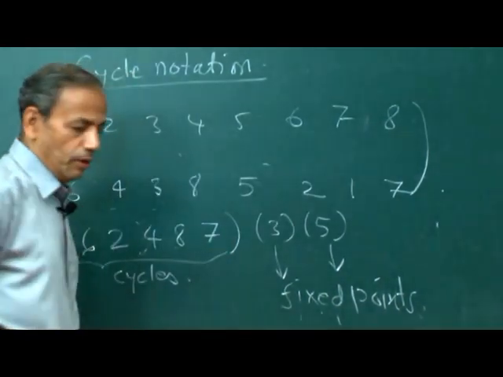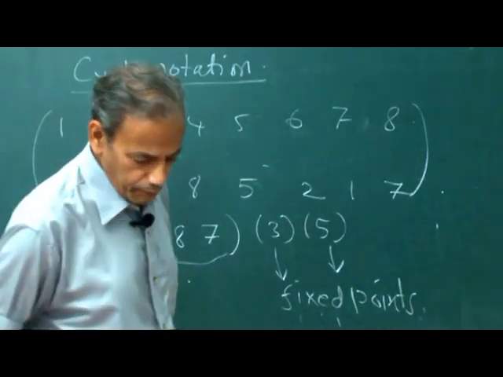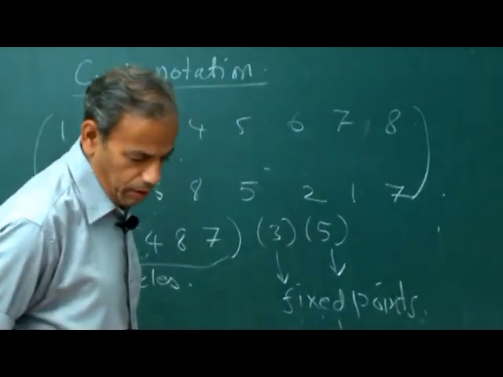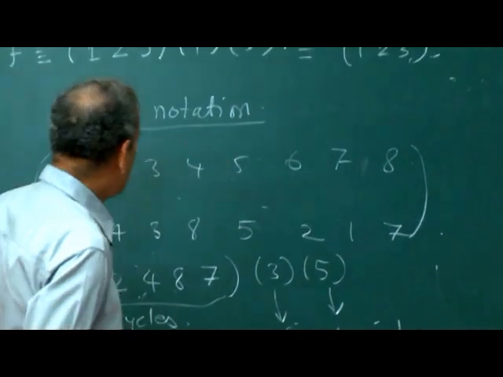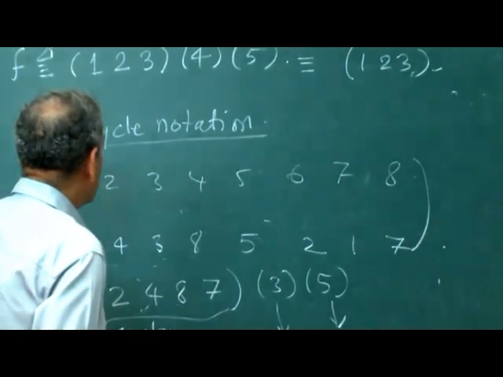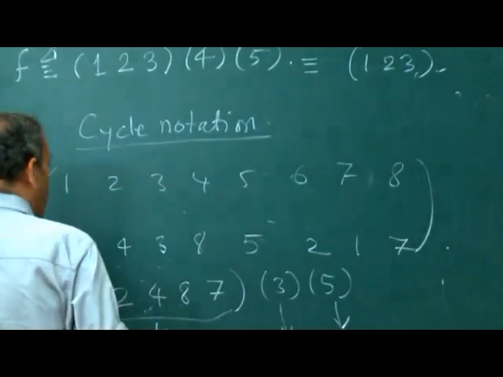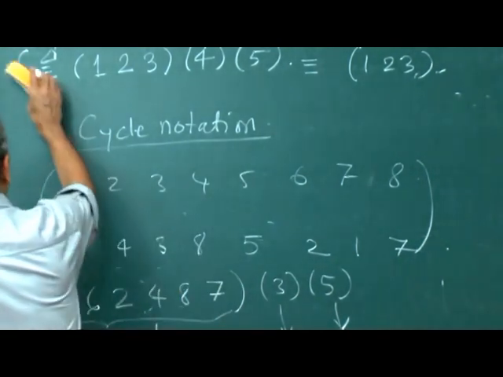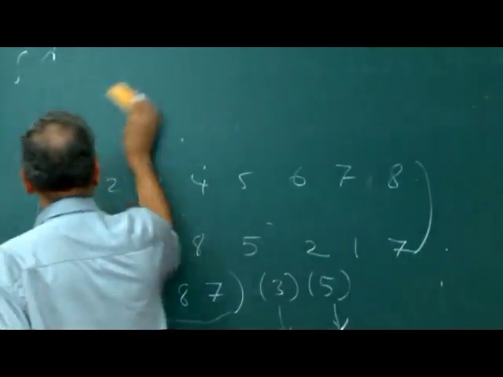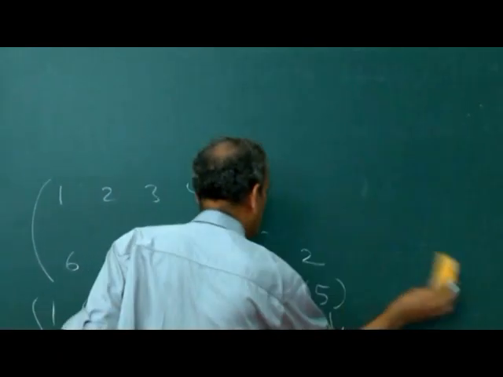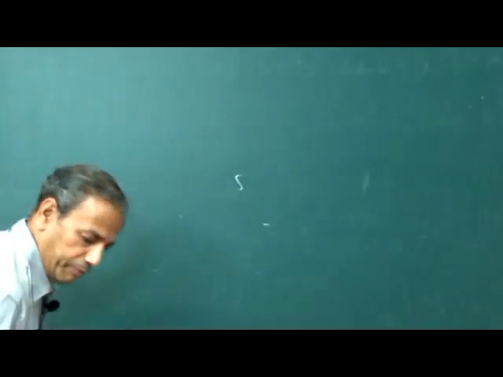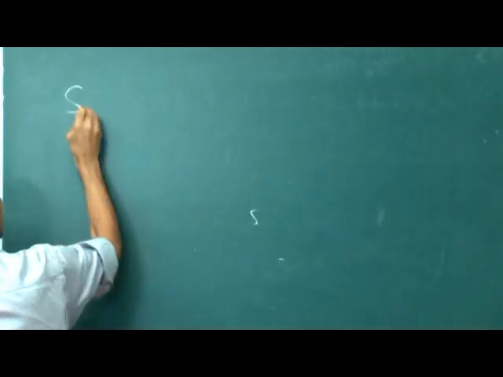Okay, so once we have found the permutation, let me now describe all the permutations on letters. Let me write down S2.